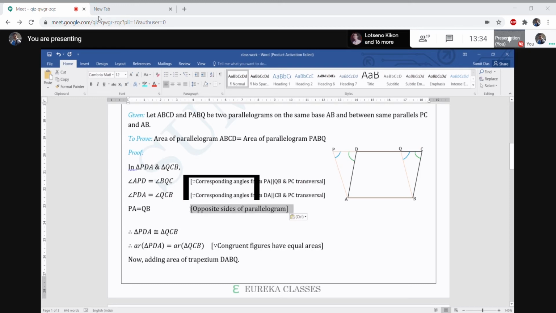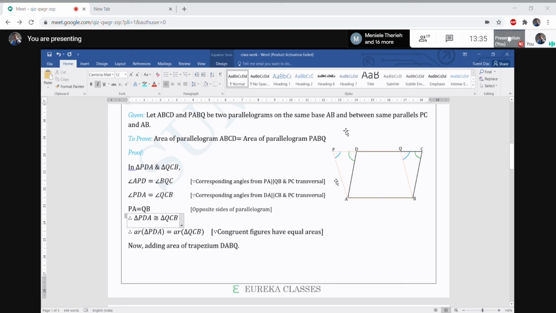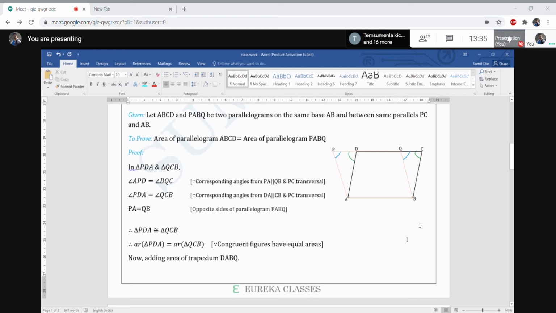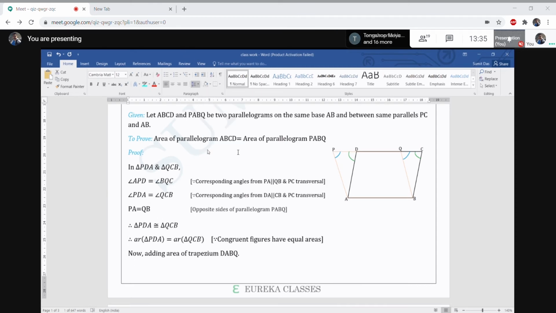Okay, a few things you have to remember, otherwise this geometry will be very difficult. You can see that PA and QB are the opposite sides of parallelogram PABQ, the thinner line. So here they are equal.